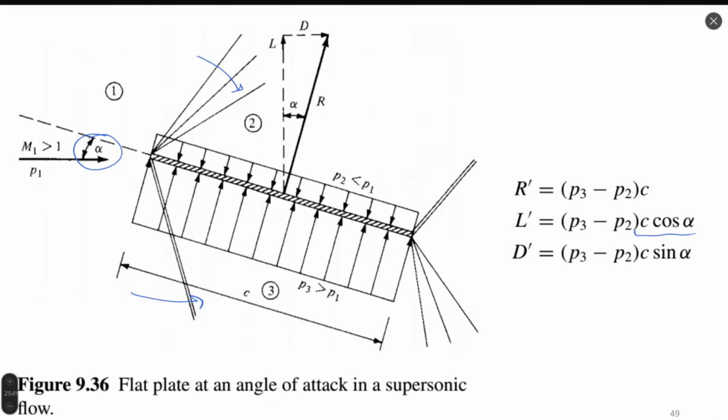Here, C cosine alpha and C sine alpha give us the projection on the horizontal and vertical planes. Inside the brackets we have the pressure difference between the upper and lower side. So pressure difference multiplied by the projected area gives us the force.